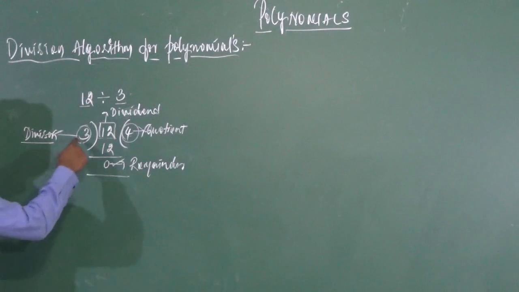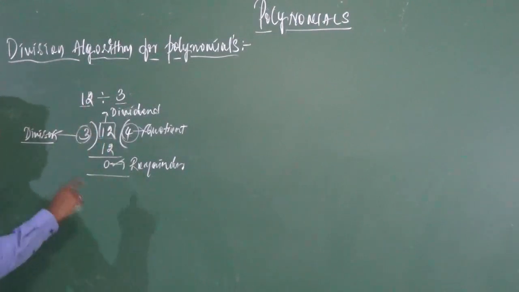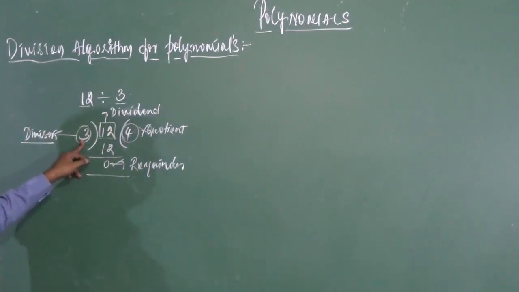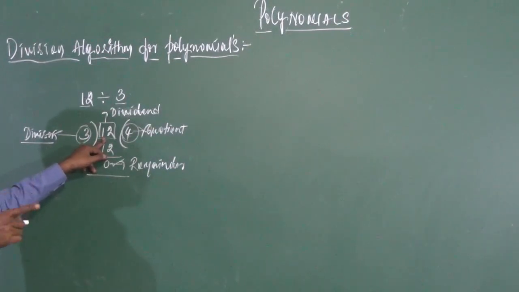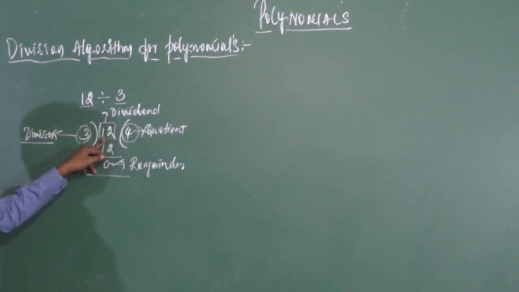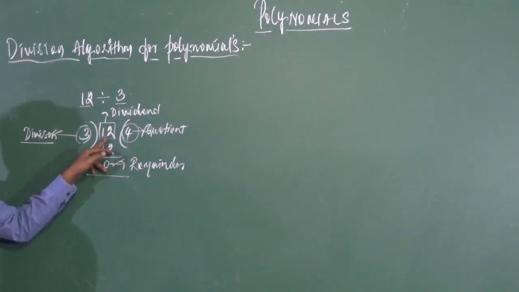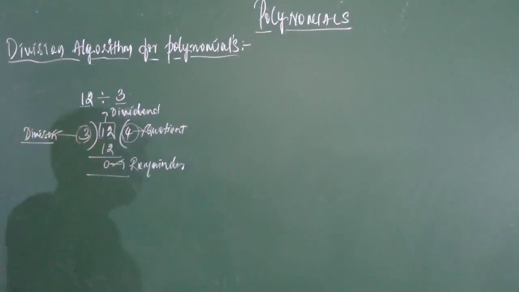Therefore 3 is a factor of 12, and 12 is a multiple of 3. That is, very simple, in the table of 3 we get 12. That is 3 multiplied 1 time, 3 multiplied 2 times, 3 multiplied 3 times, 3 multiplied 4 times. Maybe you have learned the tables by heart. So in that 12 comes. Therefore 12 is called the multiple of 3, and 3 is called the factor of 12. So this is one thing.